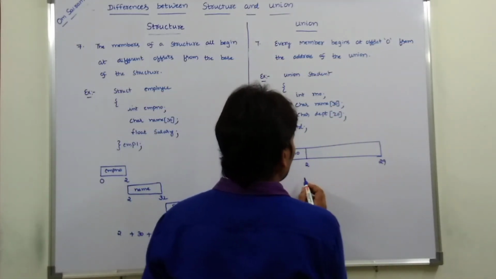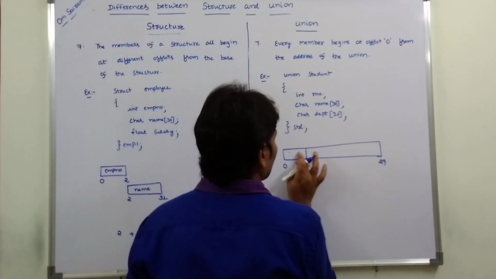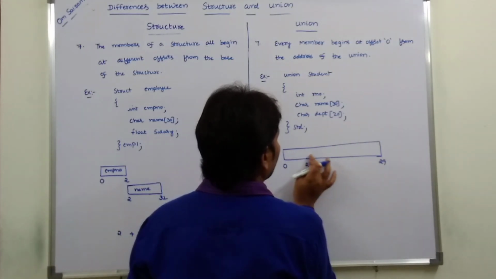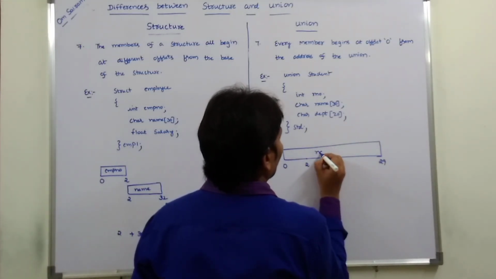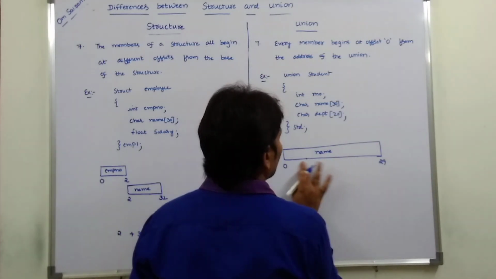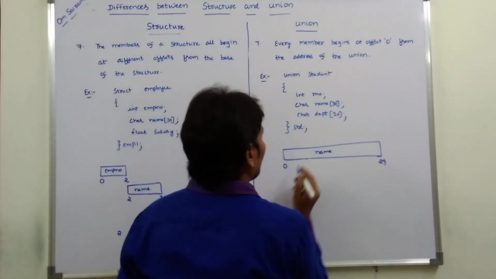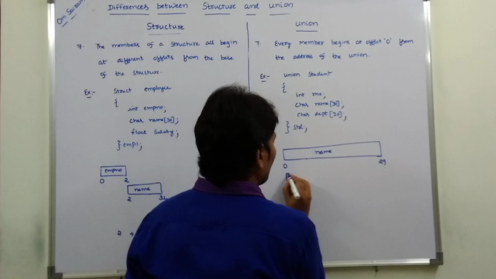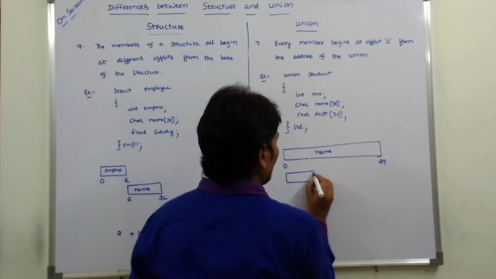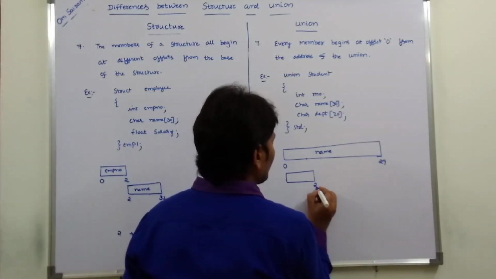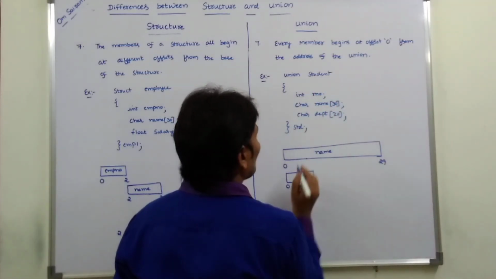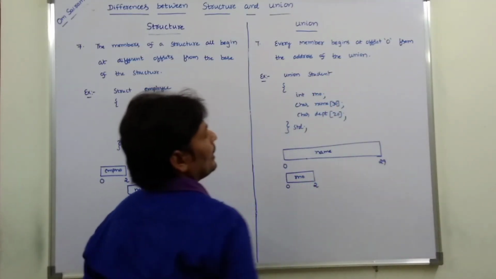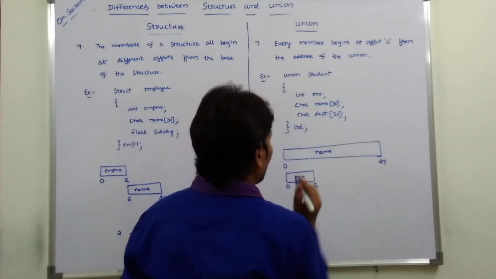Name, so this can be written as entire name. So in this one, this is 0, 0 to 2 occupies roll number. Name, okay. Department.